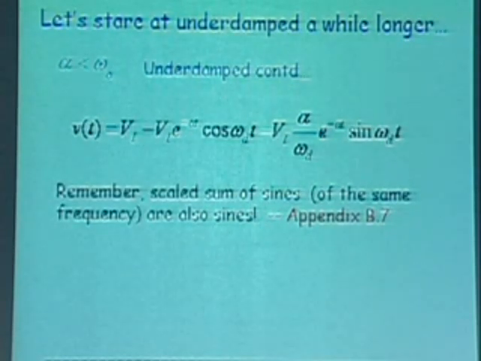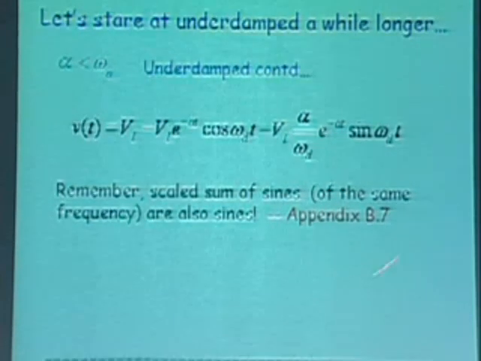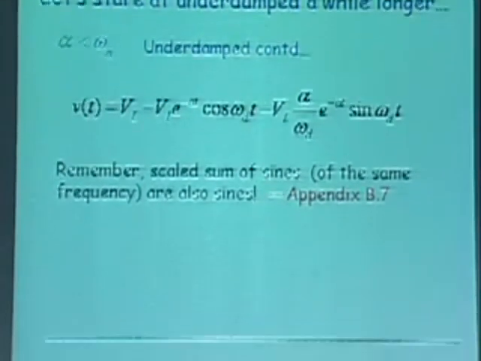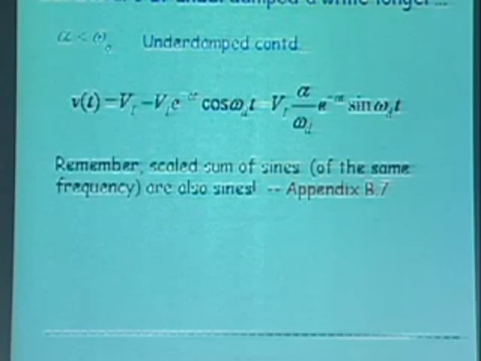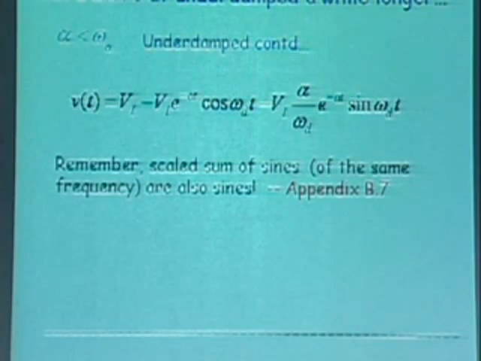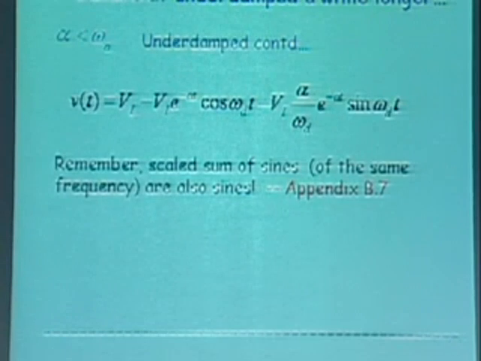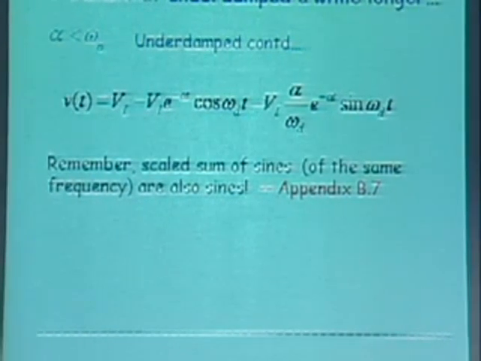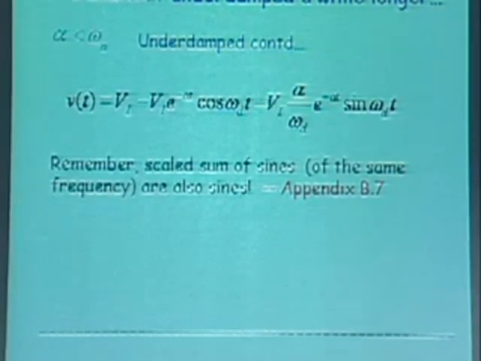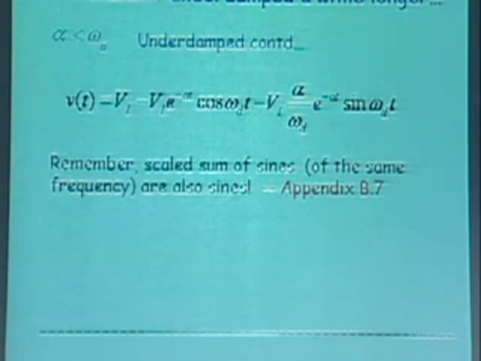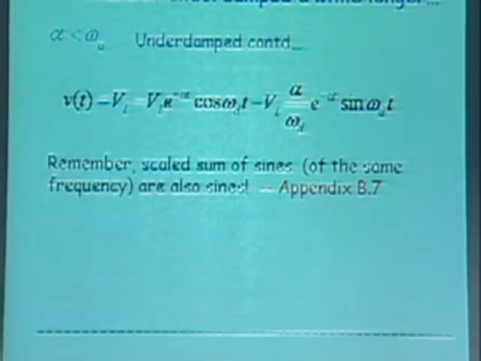This is an incredibly cool fact of sinusoids. If you take two sinusoids of the same frequency and you scale them up in any which way and add them up, you also end up with a sinusoid. It's hard to believe, but it's true. It's an incredible property of sinusoids.